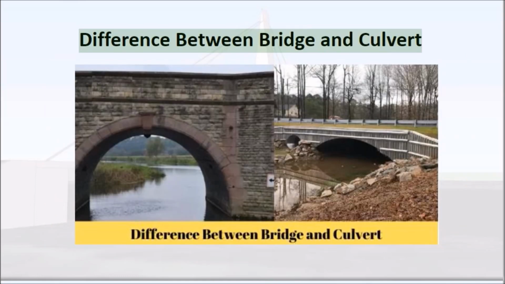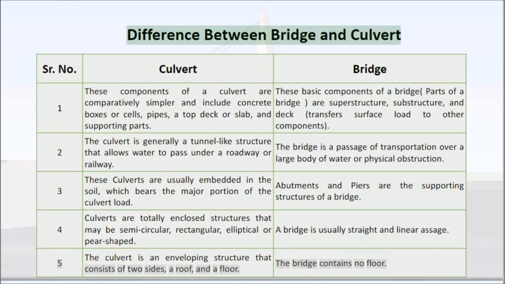Difference between bridge and culvert. Number 1. The components of a culvert are comparatively simpler and include concrete boxes or cells, pipes, a top deck or slab, and supporting parts.